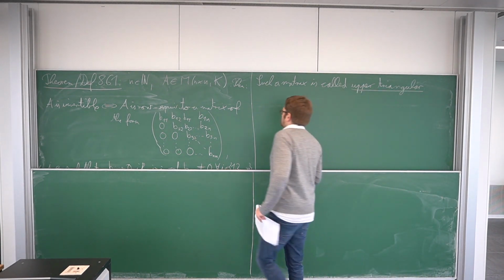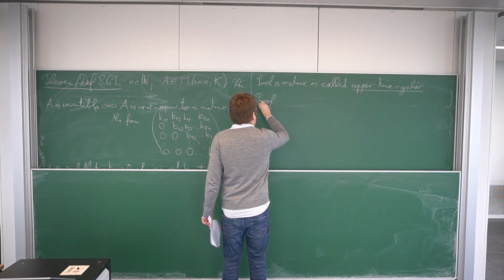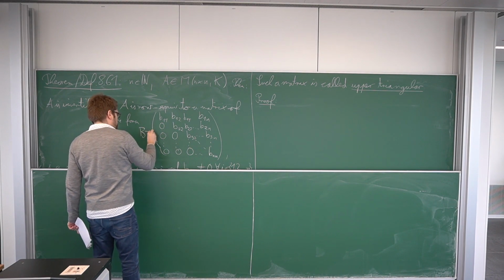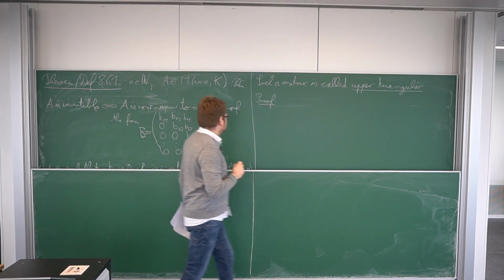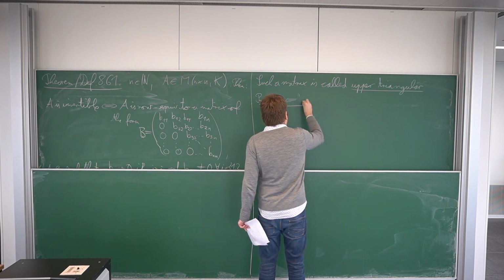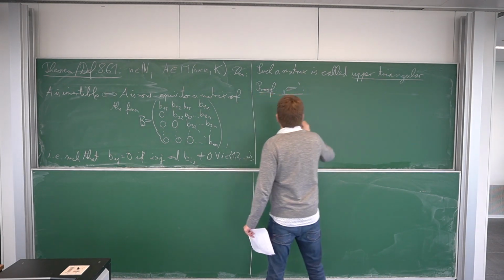Okay, now proof. This matrix I call capital B. Now, first the easier direction. So assume A is row equivalent to a matrix of this form.